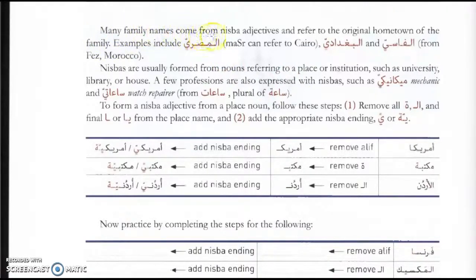Many family names come from nisba adjectives and refer to the original hometown of the family. Examples include al-Masri, referring to Cairo, and al-Baghdadi, and al-Fasi, someone from Fez, Morocco. Nisbas are usually formed from nouns referring to a place or institution, such as university, library, or house.